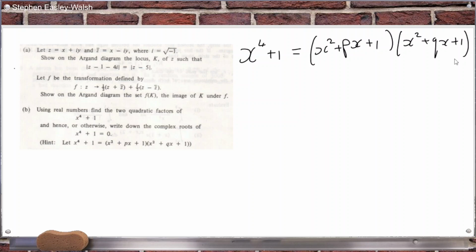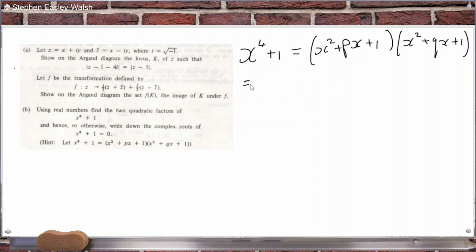Now we can try and figure out the p and the q. Do I have to multiply it out? I think I do.